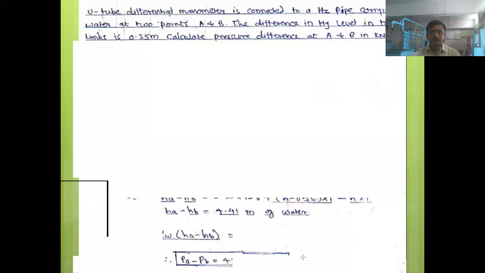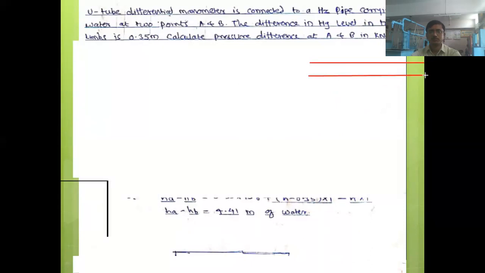For example, this is the horizontal pipe, and here you can draw the manometer.